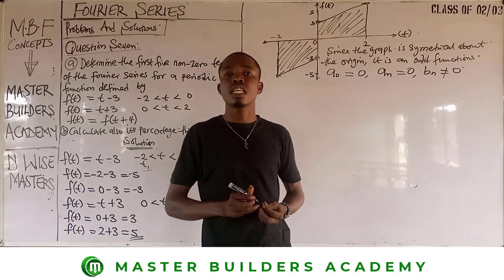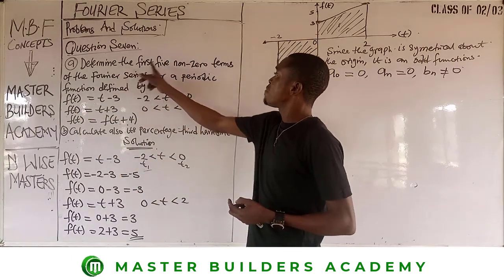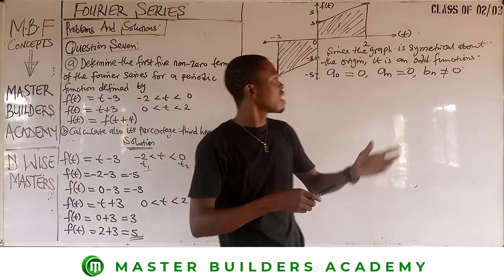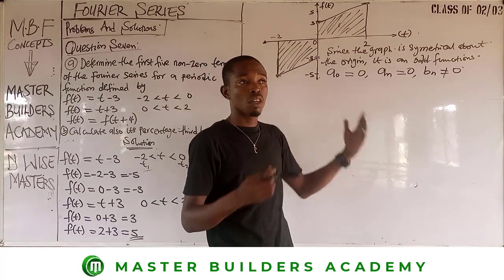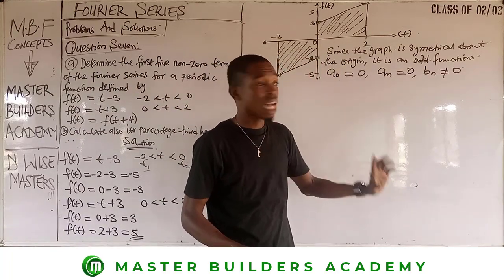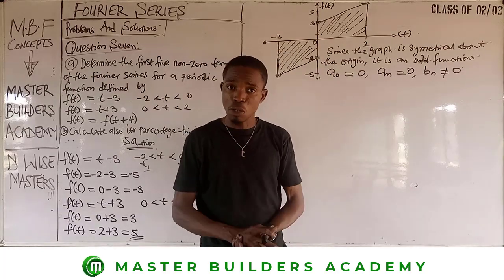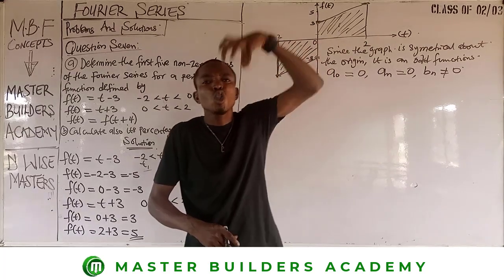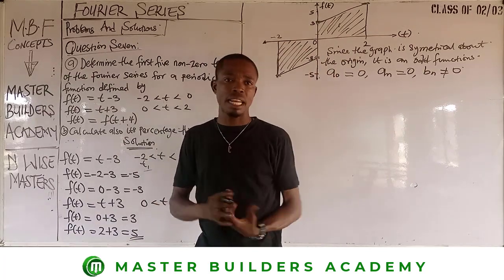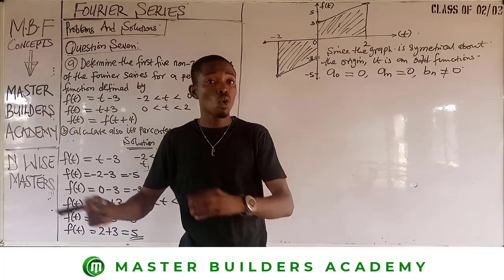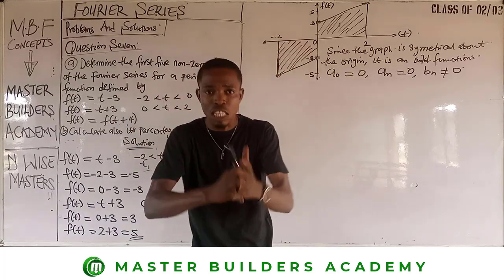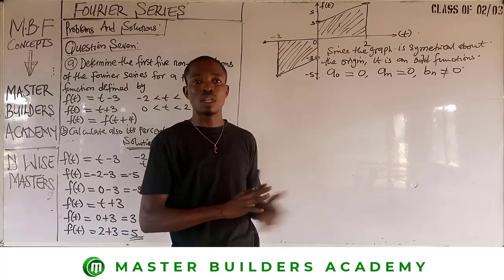and this question says that we should look for what? The first 5 non-zero values. That means a naught will not count, an will not count. It's only the bn that we count, but we do not know the value. So the question is, how do I calculate bn? And also, what is now my general equation for this Fourier series?